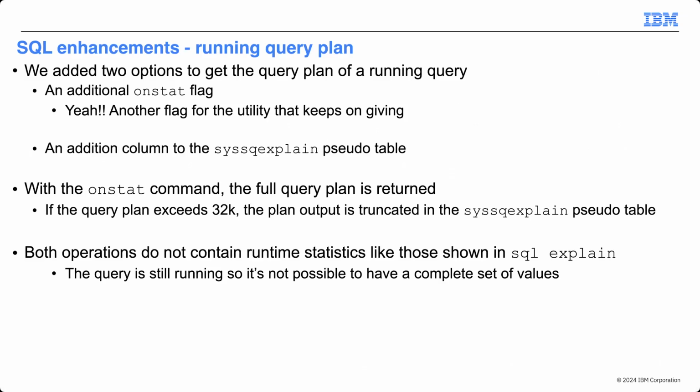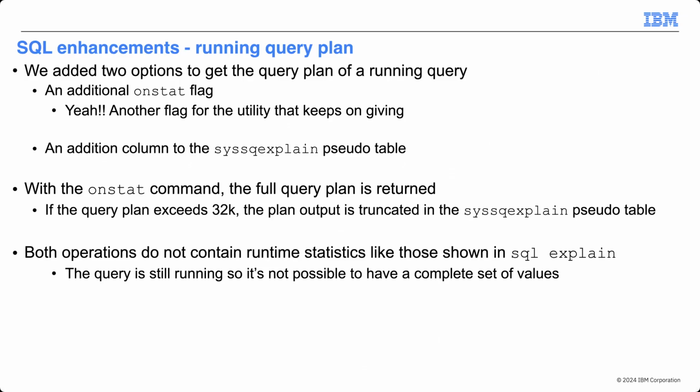Now, while a session is running, while a query is running, you will be able to grab its query plan. And because this is Informix, we give you choices. You can either use an onstat flag to get it, or there's now an additional column in the sysexplain pseudo table. So is there a difference between them?